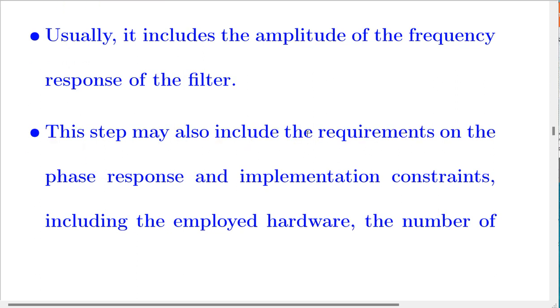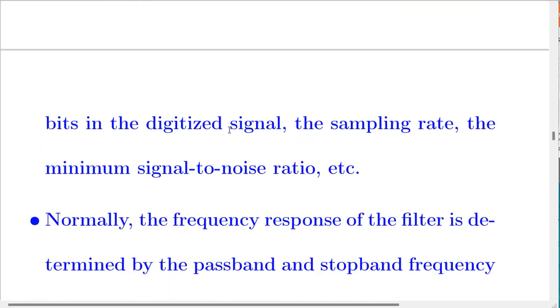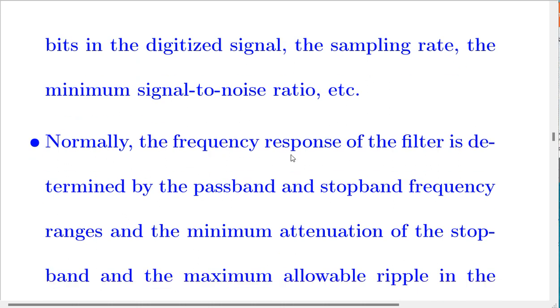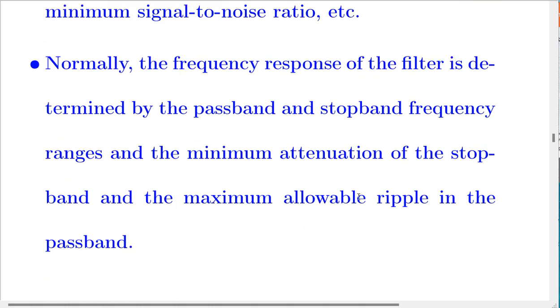This step may also include the requirements on the phase response and implementation constraints, including the employed hardware, the number of bits in the digitized signal, the sampling rate, the minimum signal to noise ratio SNR, etc. Normally, the frequency response of the filter is determined by the passband and stopband frequency ranges and the minimum attenuation of the stopband and the maximum allowable ripple in the passband.